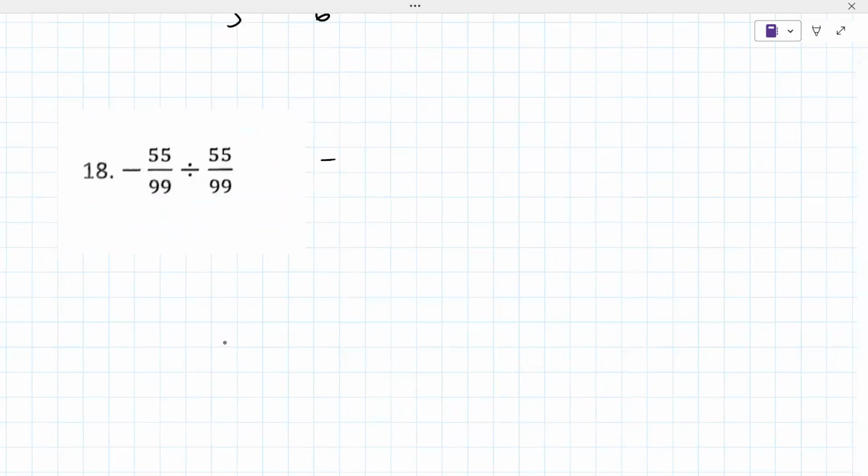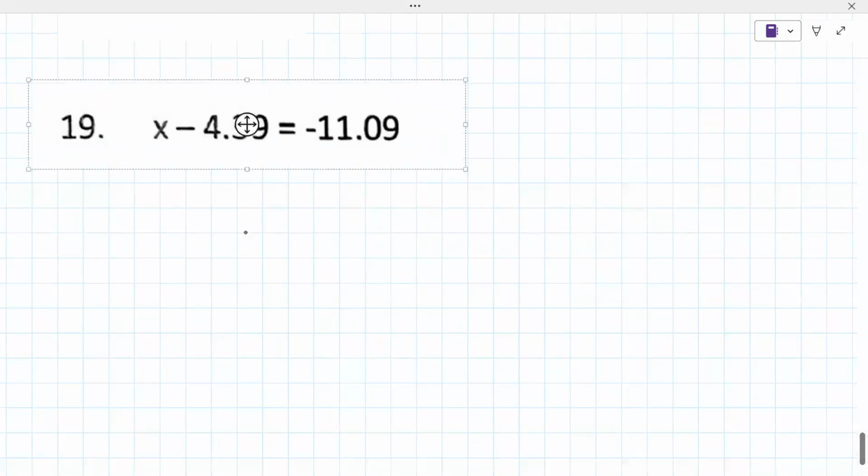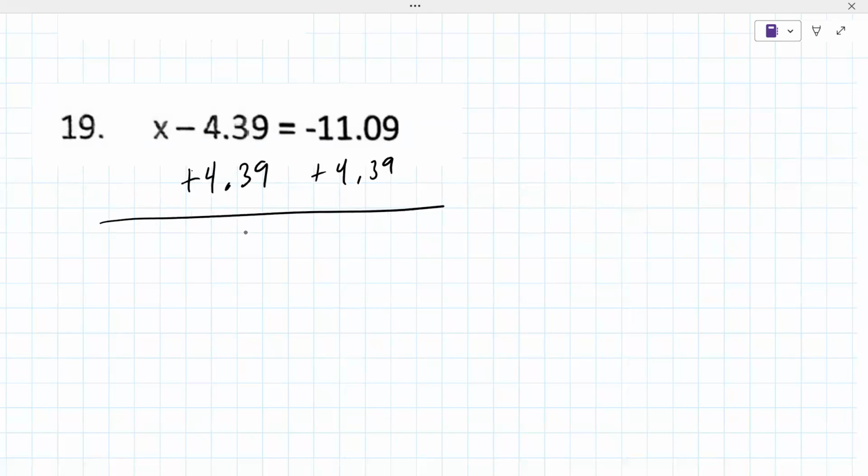It is -1. All right. So 19, 20, 21, all the rest of this page are more like the first half of the assignment. Once you figure out what to do to solve the equation, like here in number 19, you're going to add 4.39 to both sides of the equation.